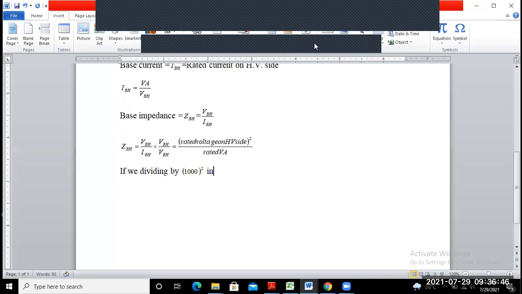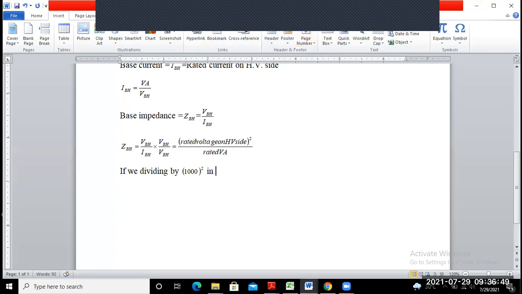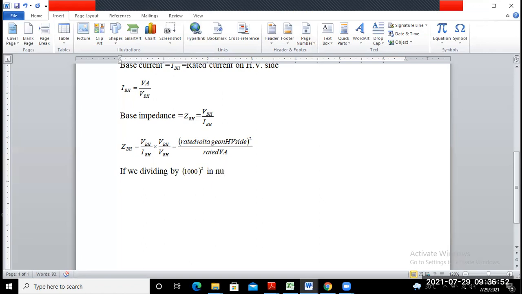So the numerator part can be represented in kilovolt whole square divided by the MVA rating of the transformer. That means the high voltage side.